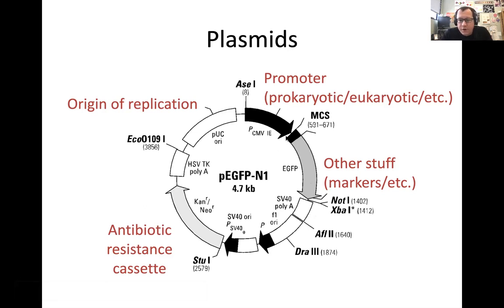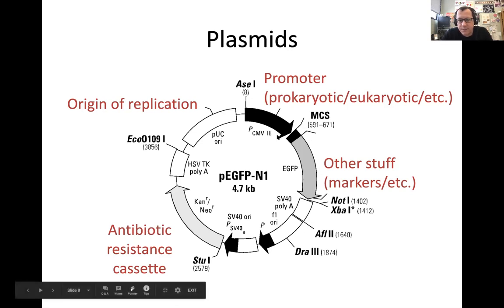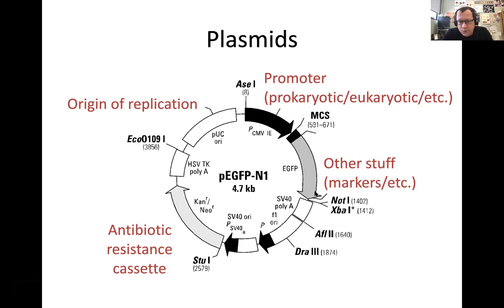This promoter only works in mammalian cells. And so this promoter is not active inside the bacteria. And so, once this plasmid is inside the bacterium, they don't express the green fluorescent protein. Okay, so there's a eukaryotic mammalian specific promoter.